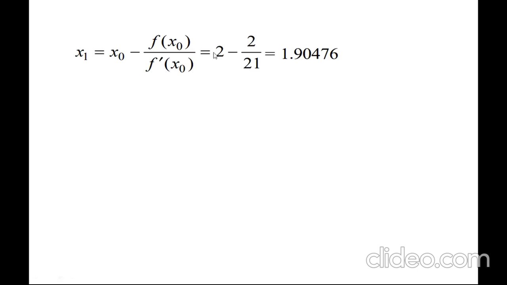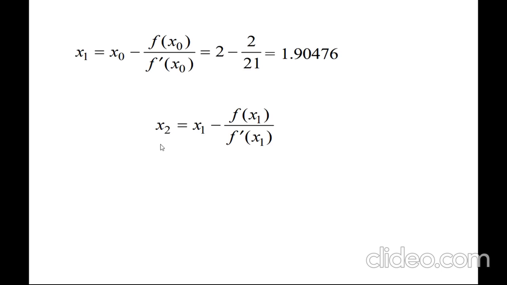Just replace those values, you will get x1 as 1.90476. x2 is the next iteration value, given as x2 is equal to x1 minus f of x1 upon f dash of x1.